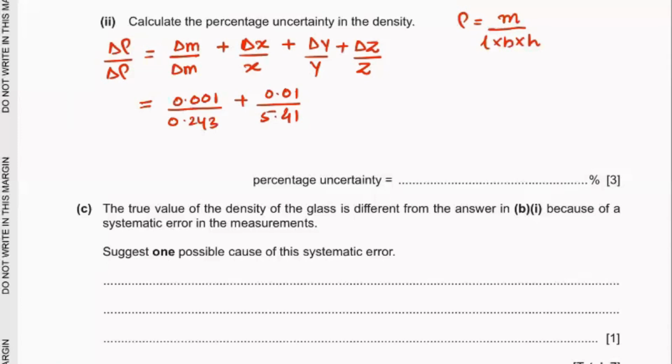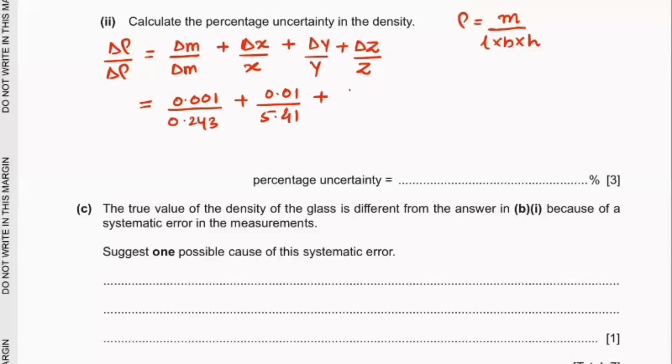Why is that so? If I divide this by 100, I have to divide the absolute uncertainties as well. So if I divide both the values by 100, then in the division, since the denominator and the numerator are the same, these divisions will cancel out and we will get the same value. So no need to waste our time in this.